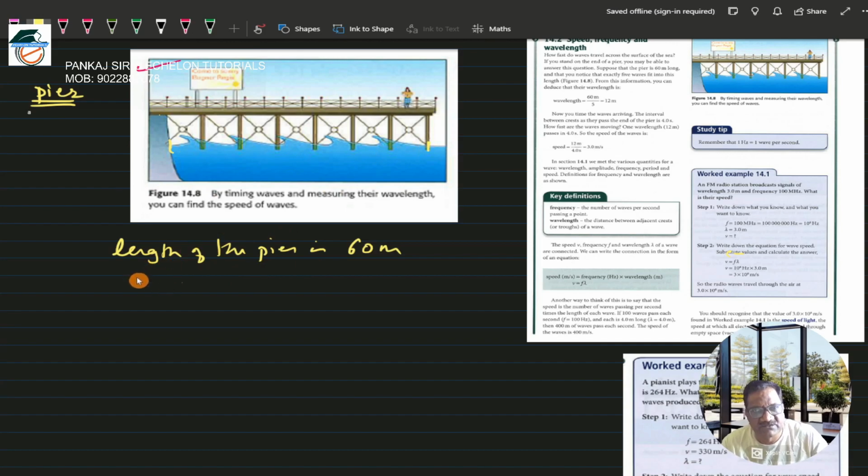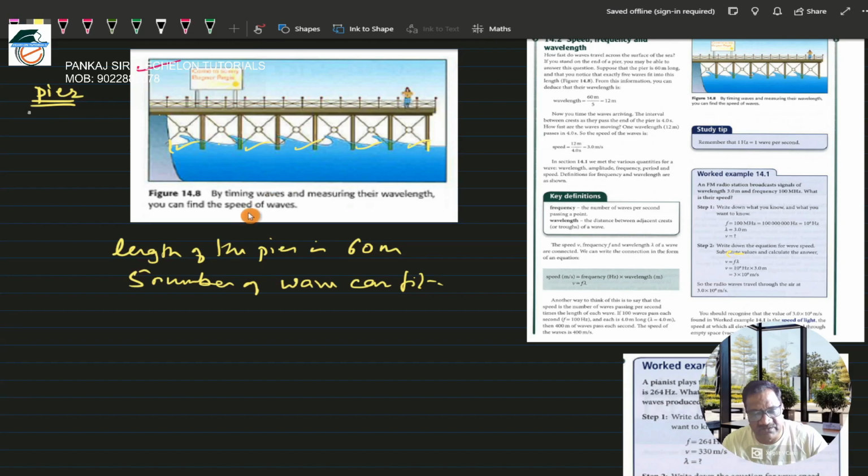He says that 5 waves can fit in this pier. It is given. So in this 60-meter length of the pier, there are 5 waves. Now can you see, this is one wave, this is 2, 3, 4 and 5. You can just see the peaks.